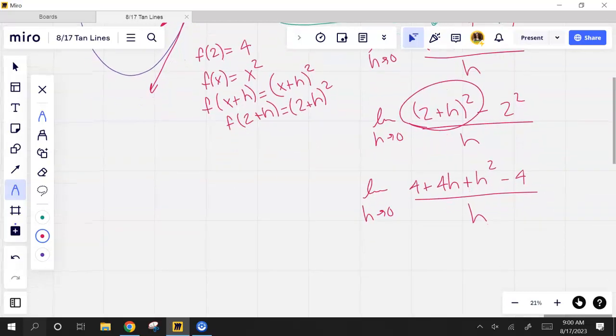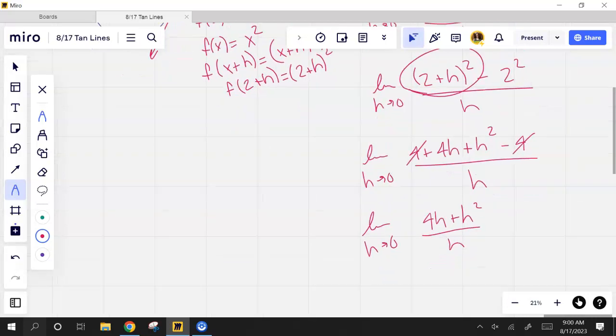What happens? Go do the 4's first, right? 4 minus 4. Now I've got the limit as h goes to 0 of 4h plus h squared over h. What do you notice everybody has? An h. I can take out an h.